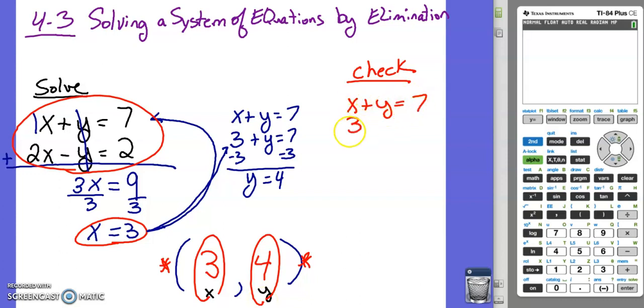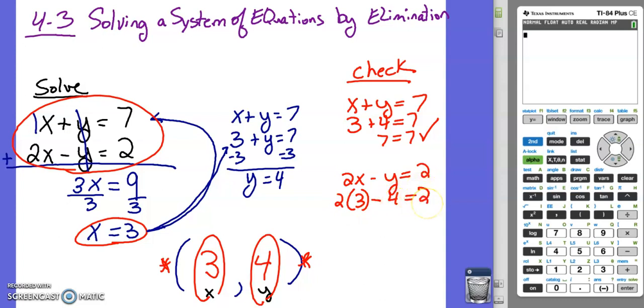So substitute the 3 in, substitute the 4 in, and see if that works. Yes, it works on the first equation, but it also has to work on the second equation. Make sure you always double check both equations. So you substitute 3 in for x, substitute 4 in for y, and see if it equals 2. Well, 6 minus 4, 2 equals 2. Yes, it does. So it checks on both of them.